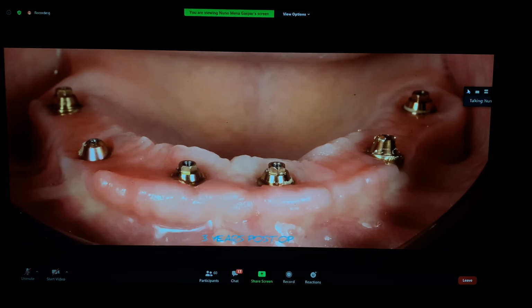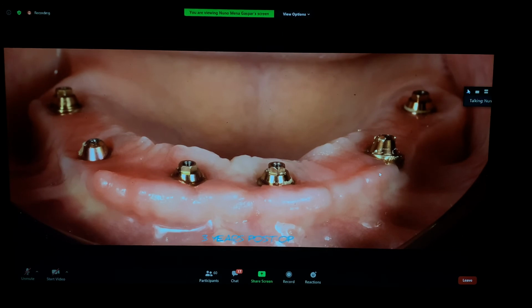So this kind of aspect is quite normal in this particular case of treatment. Sometimes on tilted implants, because of the form of the multi-unit abutments, you will have some recession here.